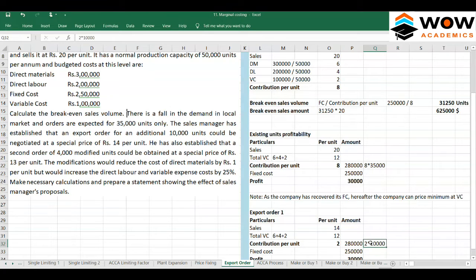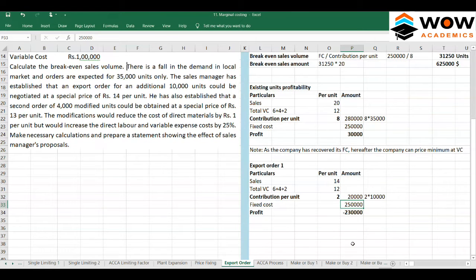So this amount, 20,000, is their contribution here. It's not per unit, and fixed cost is already recovered, so that becomes 0. So the total profit from export order is 20,000.